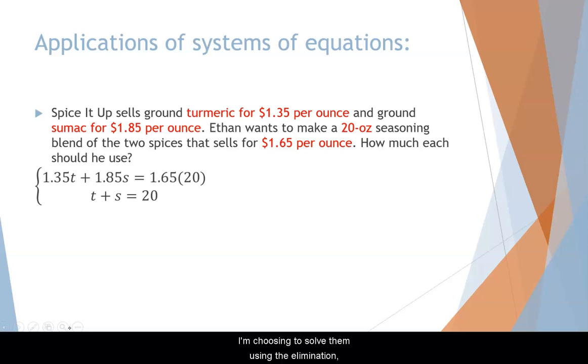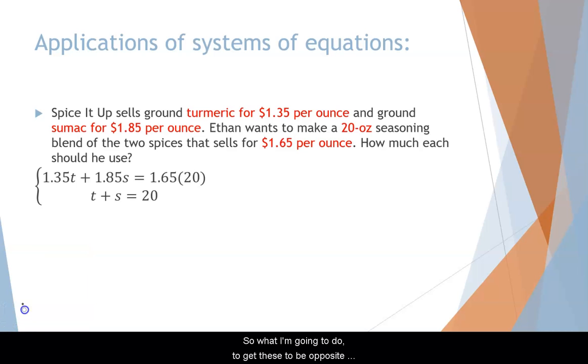I'm choosing to solve them using the elimination, also known as the addition method. To do that, I want these coefficients, either with the T or with the S, to line up to be exactly opposite one another. That way I can add the equations together and have one of the variables cancel out.